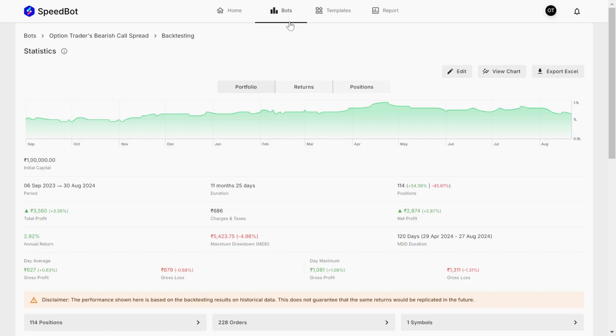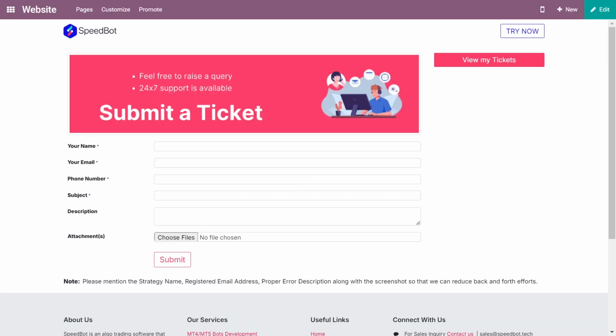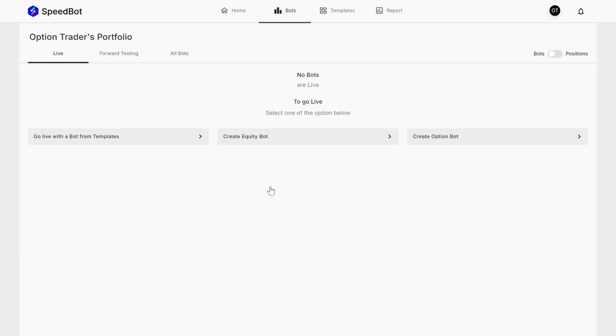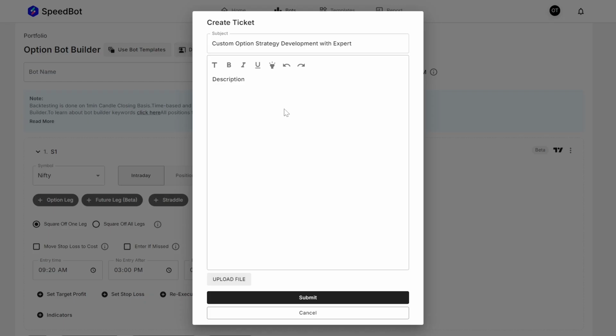So Meet, to answer your question, you can go to the menu, go to the support, and the support portal will be opened like this. Or else, while creating the bot, let's say from here, there is a button, develop with experts. If you click over there, you can mention whatever queries you have, that you need help creating your bot.